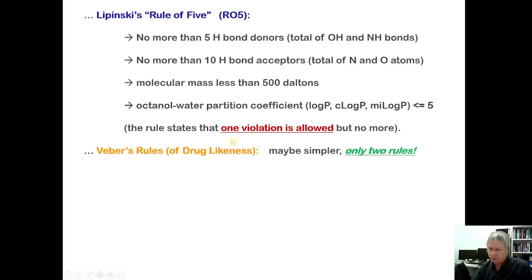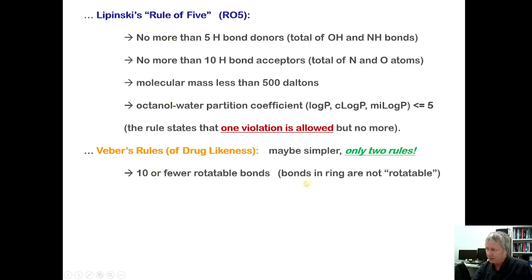And the Weber rules of drug likeness may be simpler. There's only 2 rules. What are the 2 rules? One is there's 10 or fewer rotatable bonds. So that's not something that is considered in the Lipinski rules. So bonds in a ring are not rotatable. We'll show these rotatable bonds in a second, examples of it. But like single bonds that can rotate that are not in rings. Now, why does that matter?